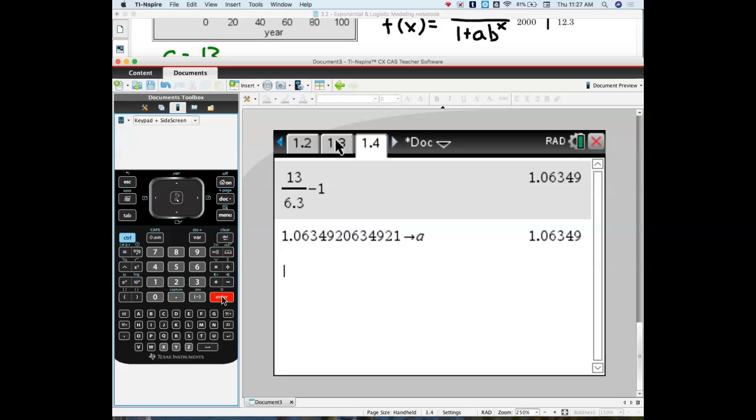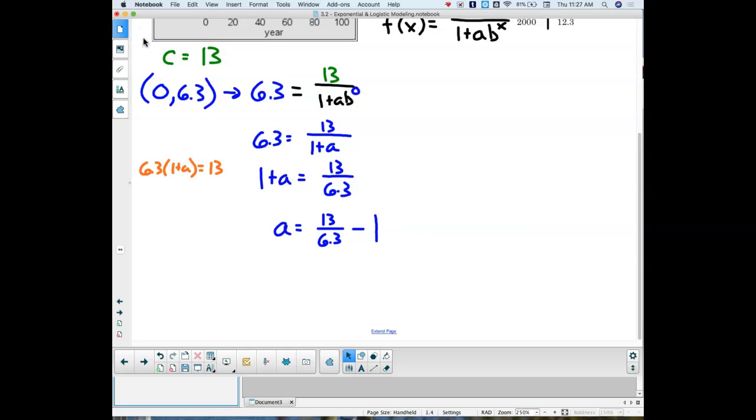Okay? Storing stuff on your calculator is a phenomenal way to go about this. So that's sitting in my calculator now. I'm not even going to write it out on this one because I'm going to use A from now on.